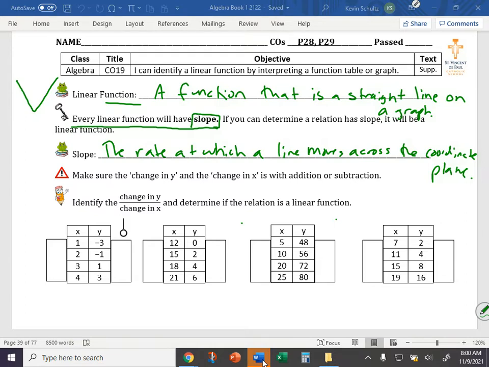Again, the rate at which a line moves across the coordinate plane.